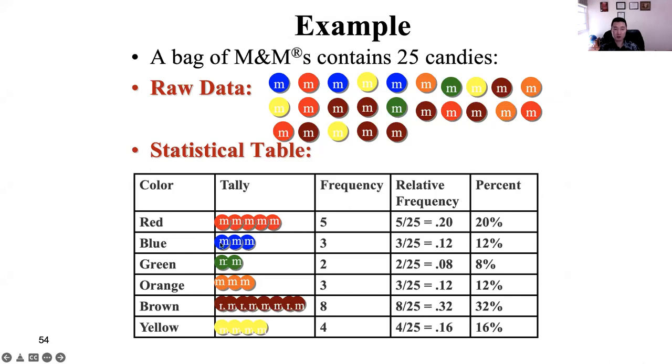We have 5 red, 3 blue, and so on. The frequency is how many times that event happens, so red occurs 5 times, and the frequency for red is 5. The relative frequency is frequency divided by n. The total number of candies is 25, so 0.2 is the relative frequency, or 20% as a percent. We can do this for other colors as well.